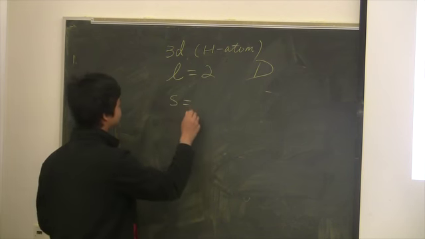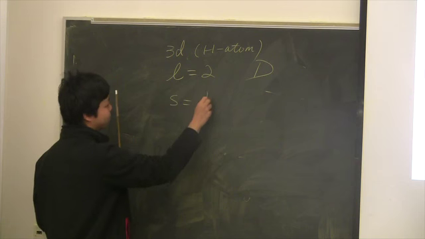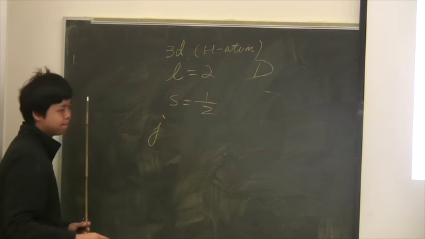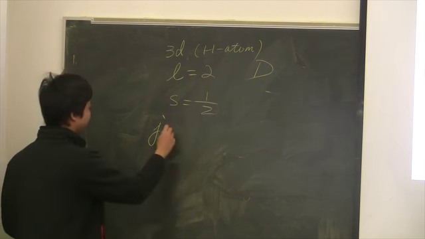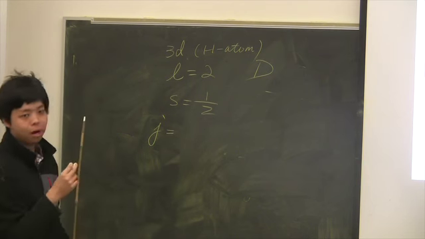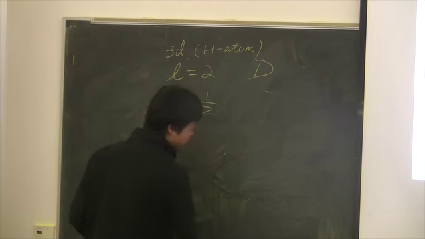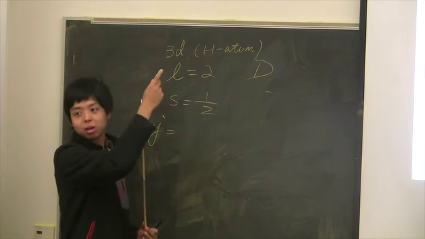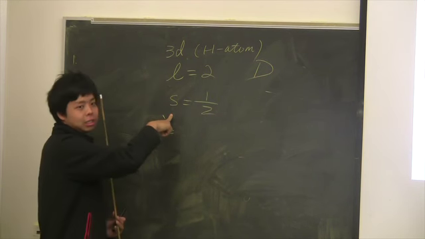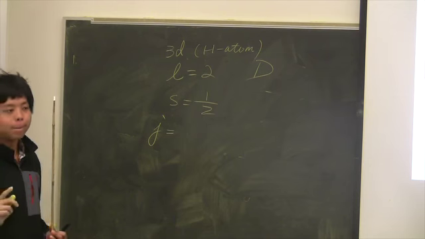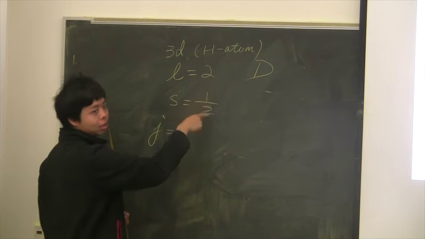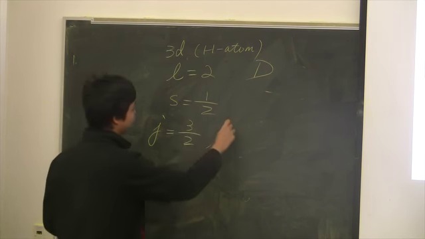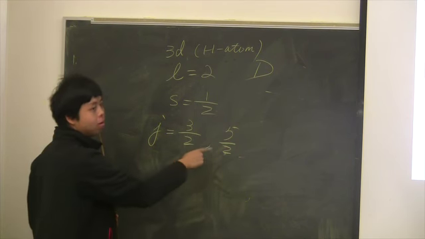And then S equals what? 1/2. And then how about J? As I mentioned, what are the possible values for J? From L minus S to L plus S with the interval of 1. So L minus S is 3/2, L plus S is 5/2, and the interval is 1.